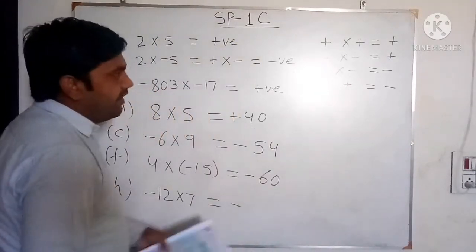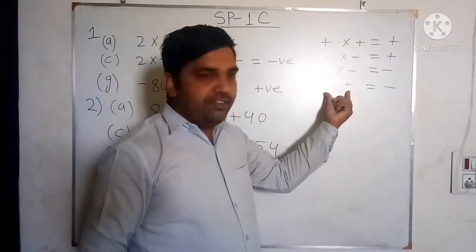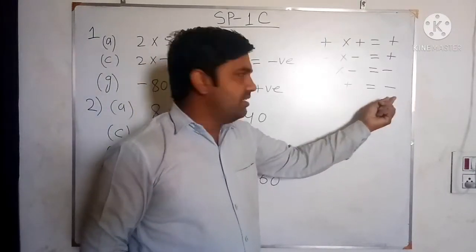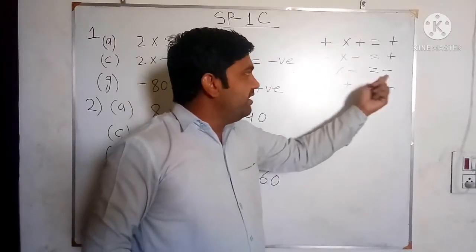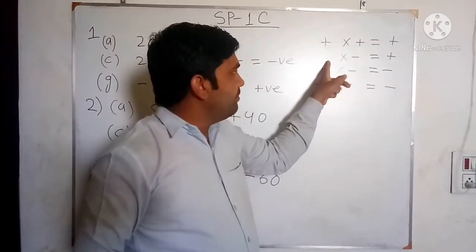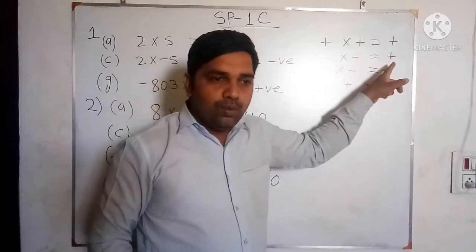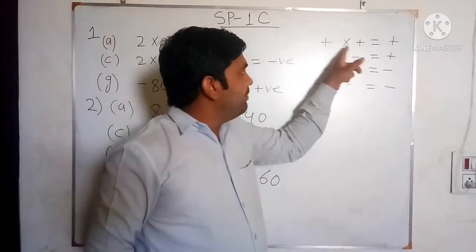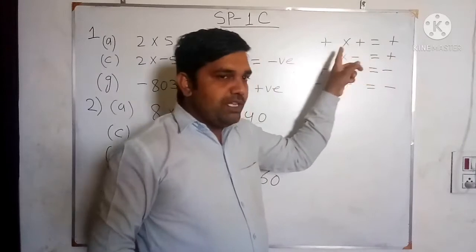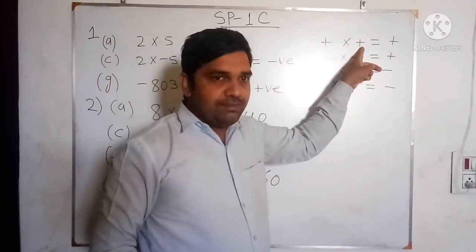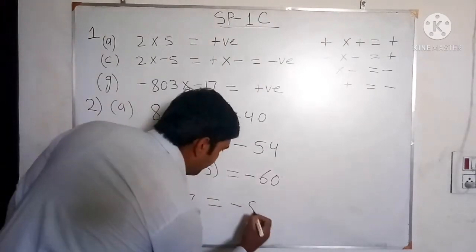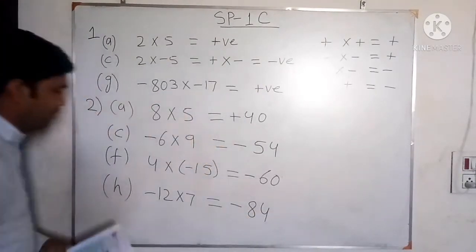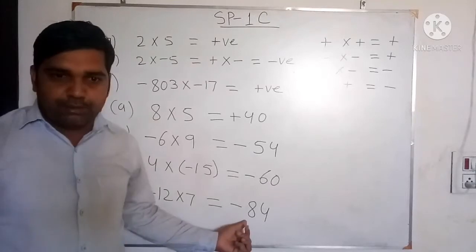The product of two different signs, minus and plus, is always negative. The product of opposite signs is always negative, and the product of the same signs, minus multiply minus gives plus, plus multiply plus gives plus. So the product of two like signs is always positive. Here 12 7s are 84. So minus 12 multiply 7 gives you the product minus 84.